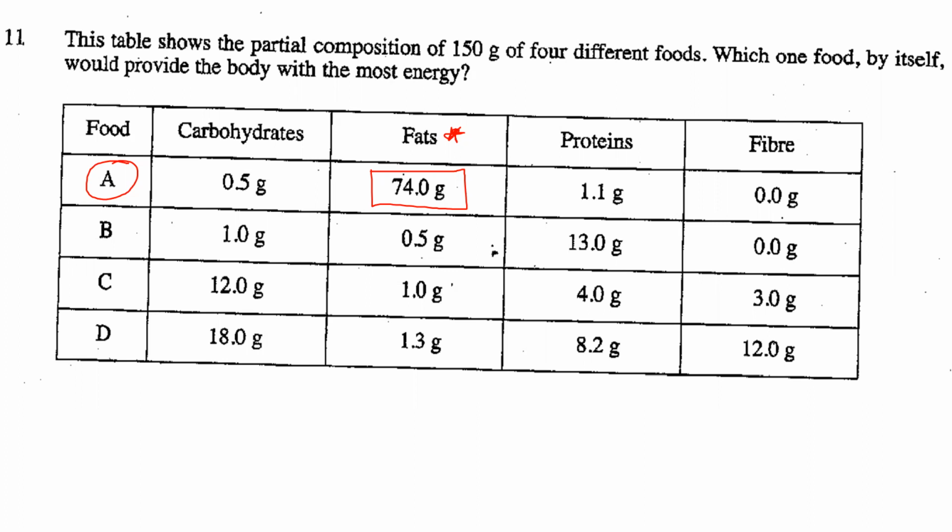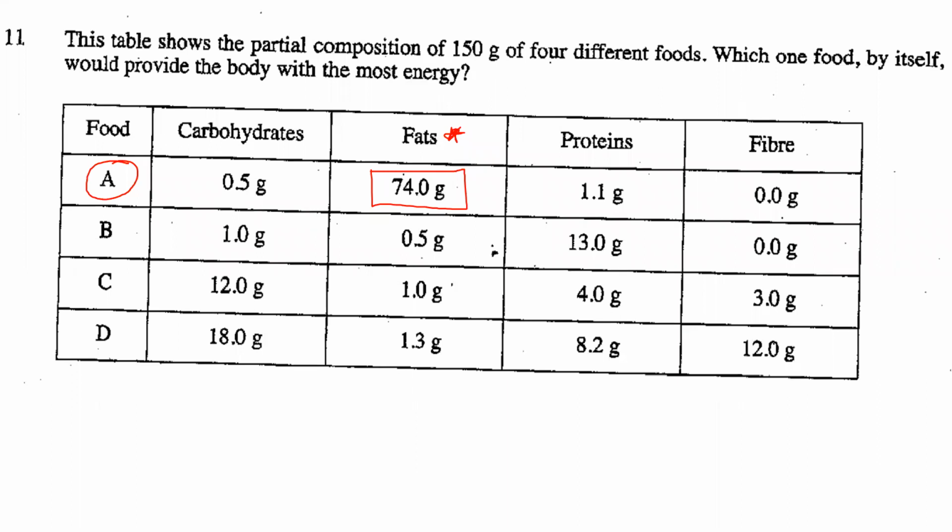B, 1.0 grams of carbohydrates, 0.5 grams of fats, 13.0 grams of proteins, and 0.0 grams of fiber. C, 12.0 grams of carbohydrates, 1.0 grams of fats, 4.0 grams of proteins, 3.0 grams of fiber. D, 18.0 grams of carbohydrates, 1.3 grams of fats, 8.2 grams of proteins, and 12.0 grams of fiber. Good. So which one would give the body the most energy?